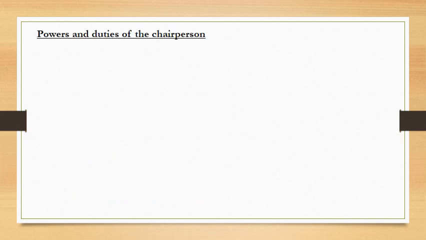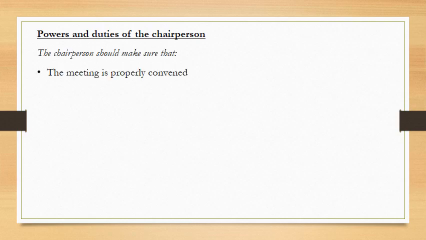A chairperson has certain duties, certain things that he or she must do before and during the meeting. They must make sure that the meeting is started properly, so that is take attendance, read apologies, make sure that a quorum is present. Quorum means the minimum amount of people who must be at a meeting so that the meeting can be legal.